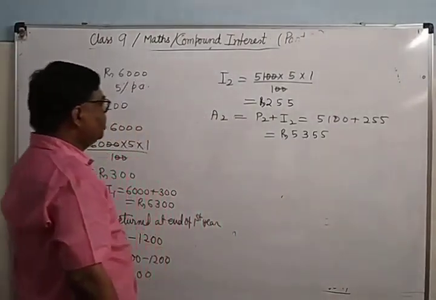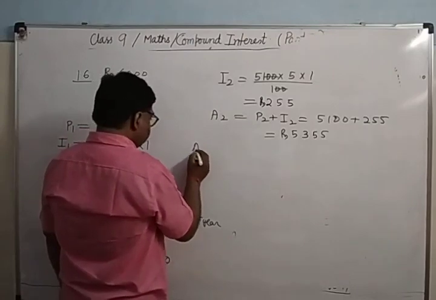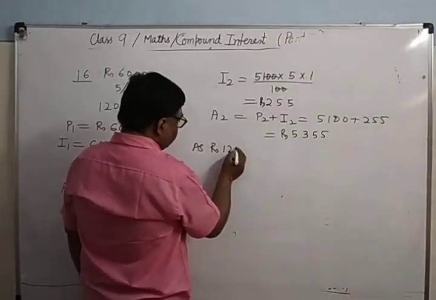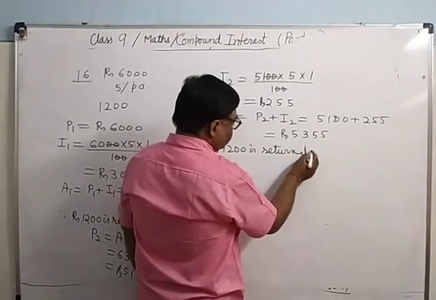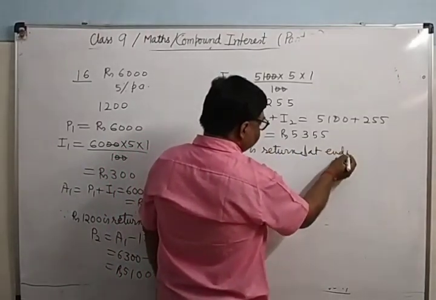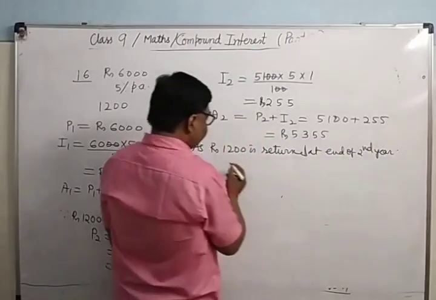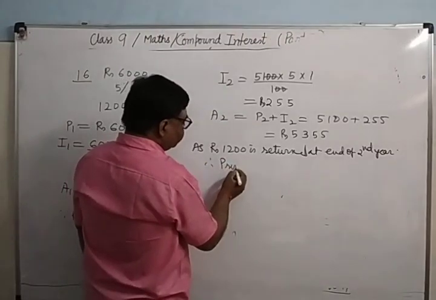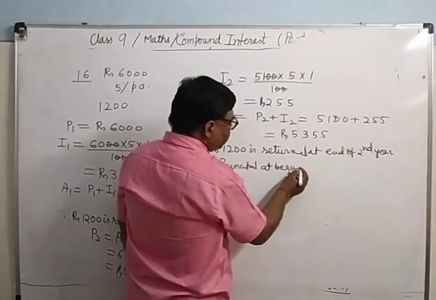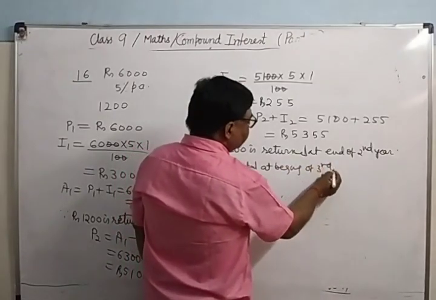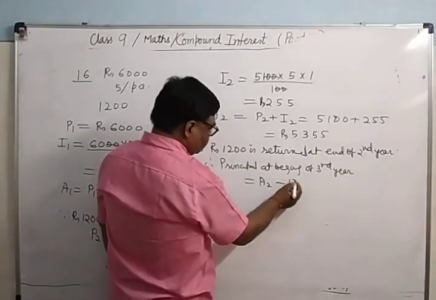This will be the amount at the end of second year. As rupees 1,200 is returned at end of second year, therefore principal at beginning of third year will be equal to A2 minus 1,200.